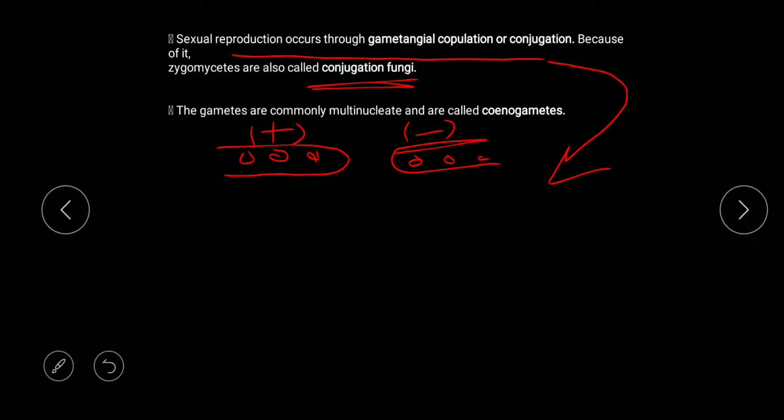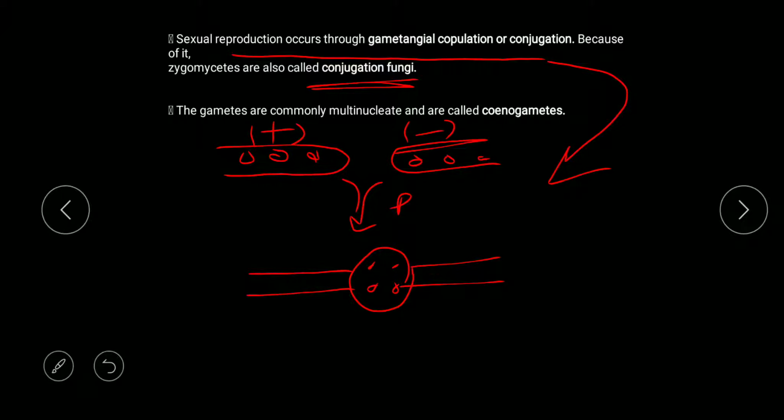So what happens now? These two undergo plasmogamy, and when they undergo plasmogamy, they completely fuse, and they develop another structure which has multiple nuclei from the male and multiple nuclei from the female. Why does this happen? Because they are fusing, and in this fusion there is no particular fusion. Some nuclei of the minus hypha will come and some nuclei of the plus hypha will come, and they join and form this type of structure which is multinucleated.